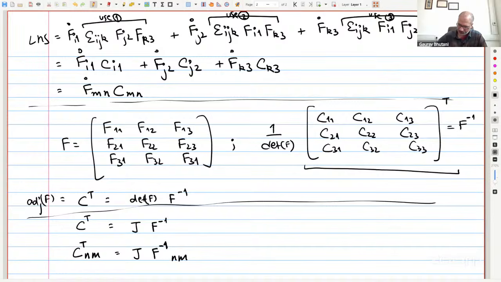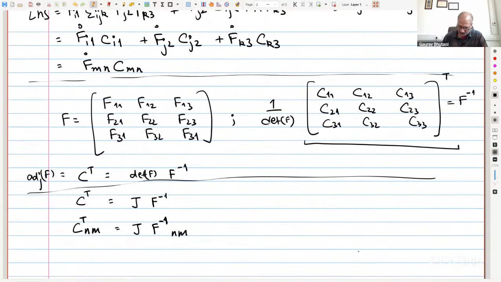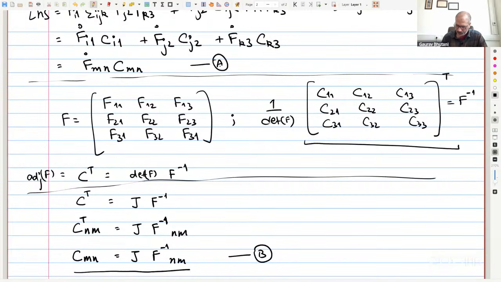So this basically means that this is Cmn, which is J times F inverse nm. So this is what I was looking for, because I'll substitute this. Let's call this B and call this A. So I can substitute my B in A now.